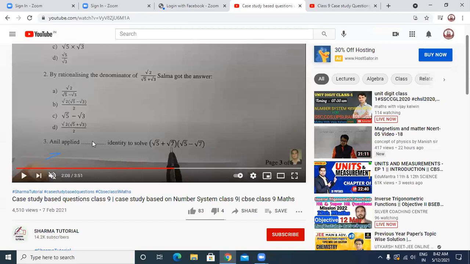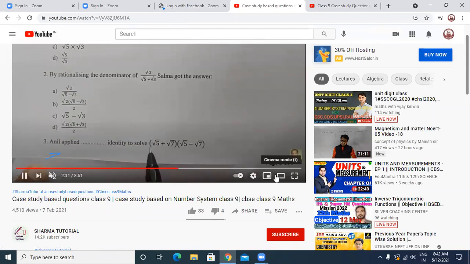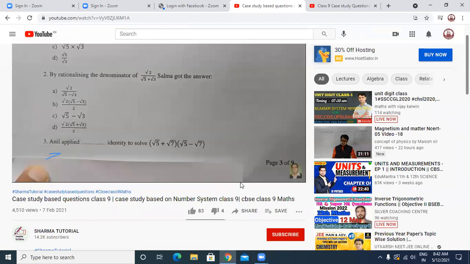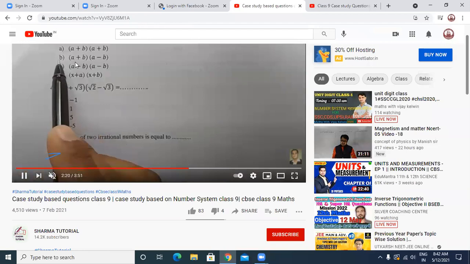So here you will write the complete identity in the blank, that is fill up, and options must be given here. So the formula is a minus b, a plus b, that is a square minus b square. So you will write the complete formula, that is your second formula, a plus b into a minus b.